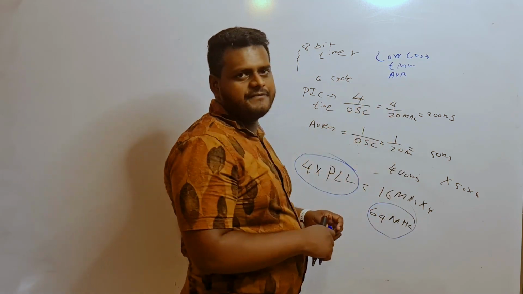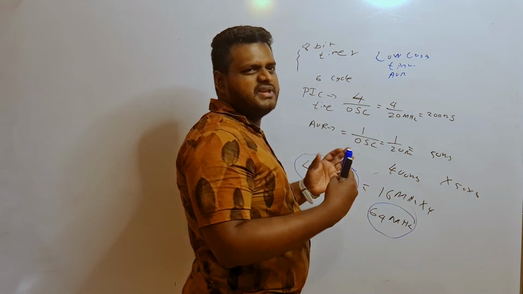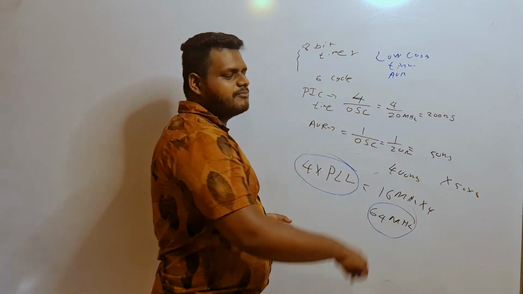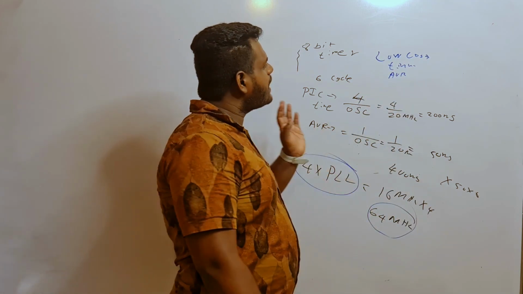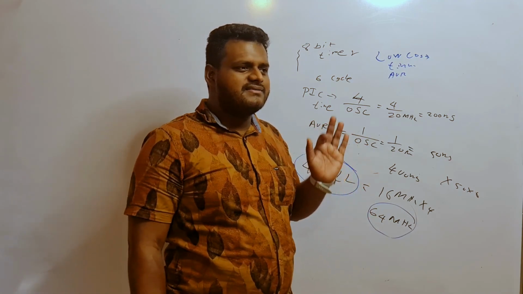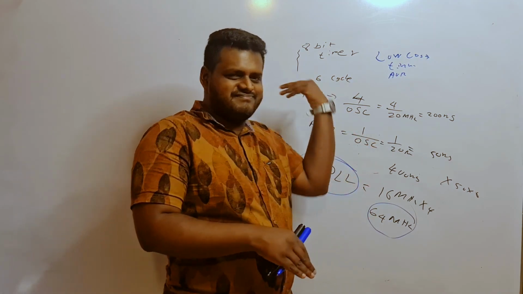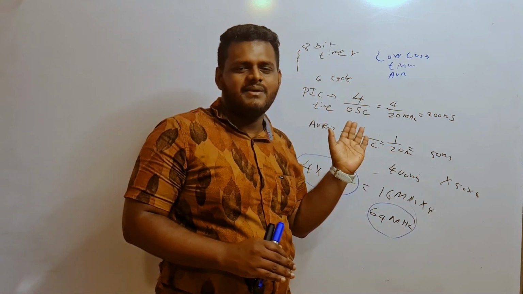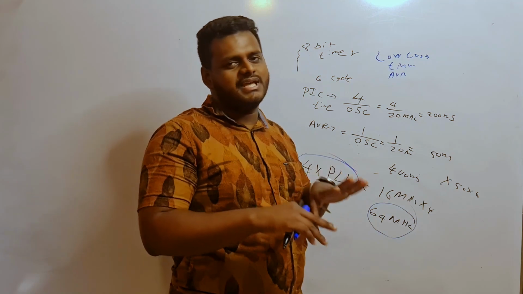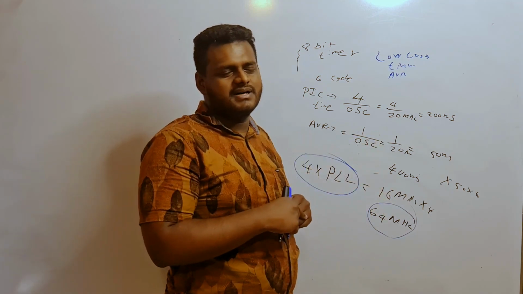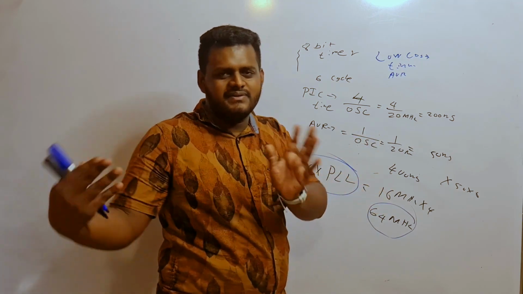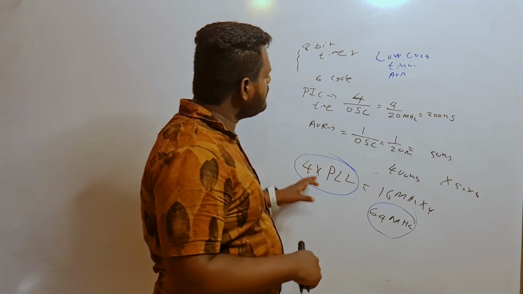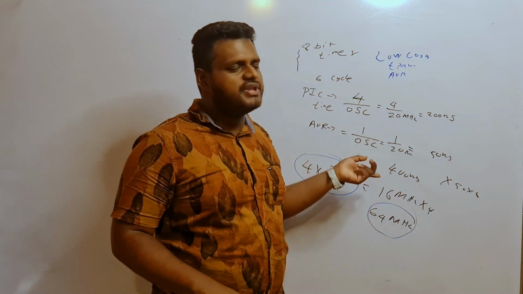But in PIC microcontrollers like 12F, 16F, there is no 4 times PLL. One of the problems is that PIC is very old, but AVR is a newer thing. We know the mother is PIC, and after that came AVR. So that's where the problem comes from.